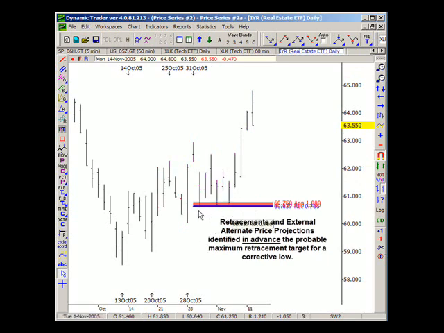We identified in advance as of this bar that bar was probably at the extreme for a corrective low, so in an ideal position to position long for a continuation of the bull trend. So what a great piece of information that was, that we were able to look at the market in advance. We didn't need intraday data. We did it just on daily data, and it worked out just perfectly.